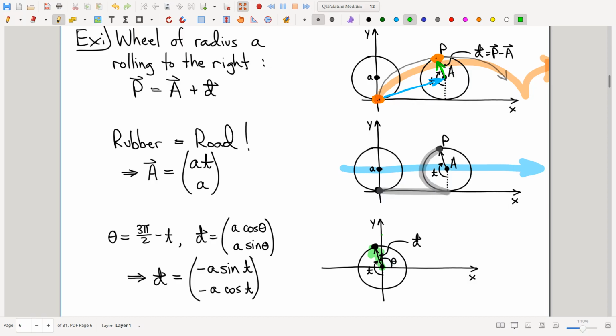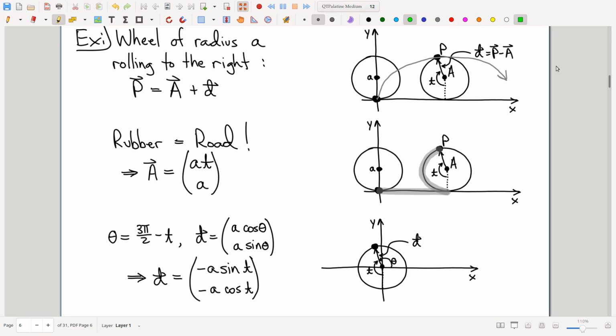Okay, second big point. This is really important. You have to be very explicit and deliberate about what your parameter is going to be. There's a lot of different things that you could choose to call t, or whatever other parameter you want to use.